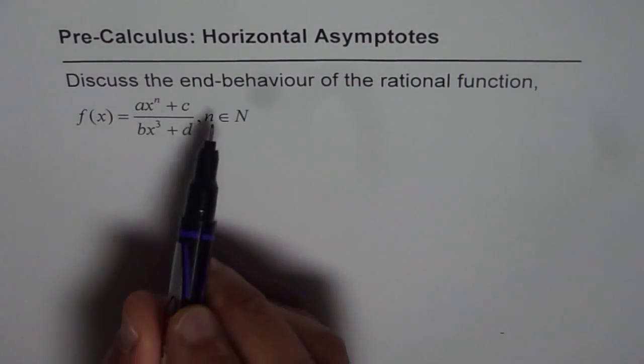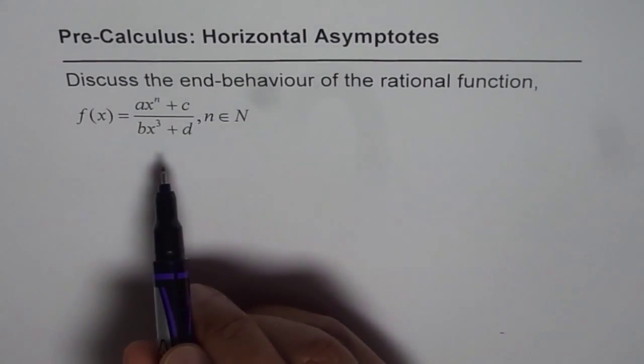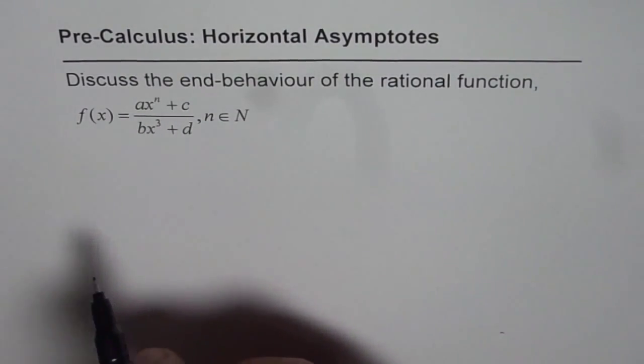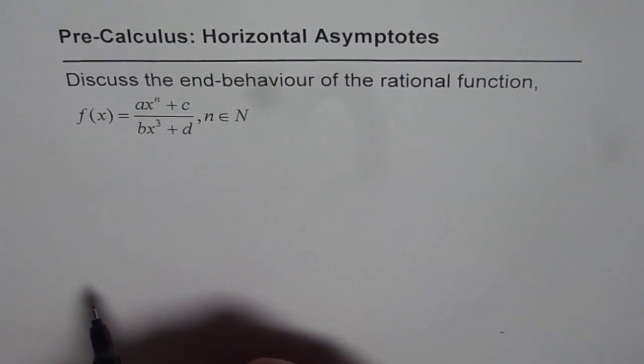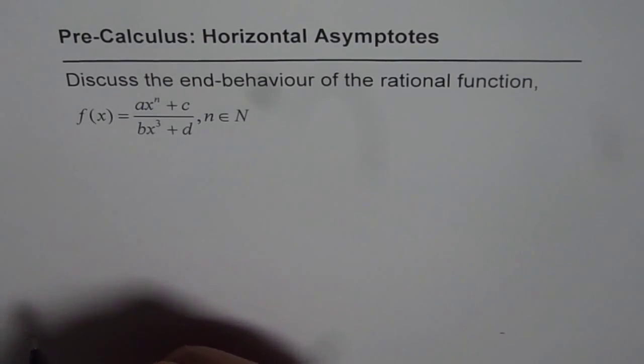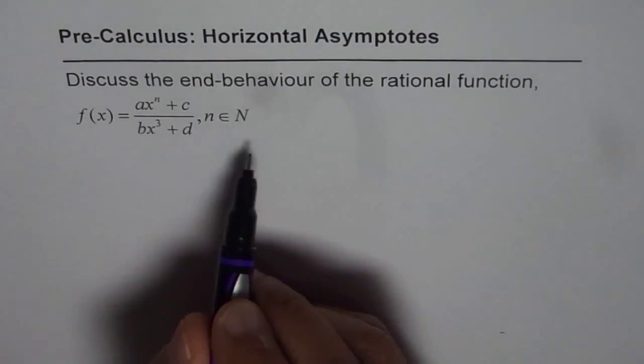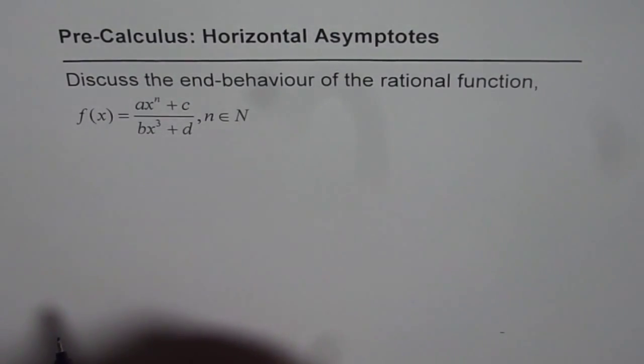So we need to find the end behavior of this rational function. It is indeed a rational function since the exponents are natural numbers, right? Otherwise this won't be a rational function. So we have reviewed what a rational function is and how this definition fits well.